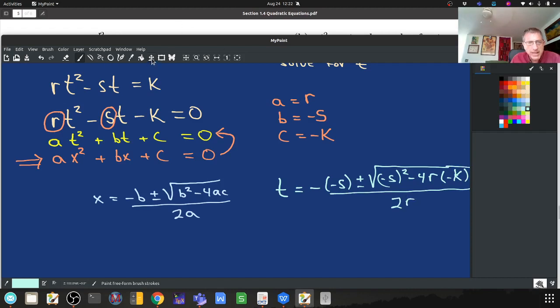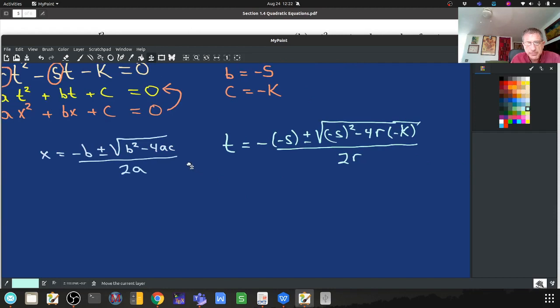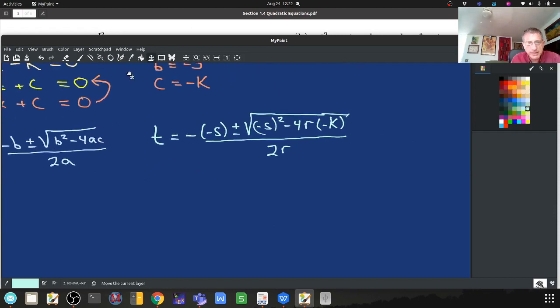The simplification is going to be minimal, but we can simplify.